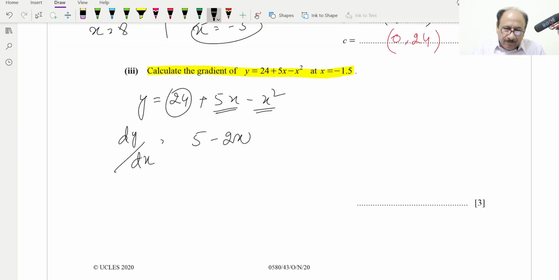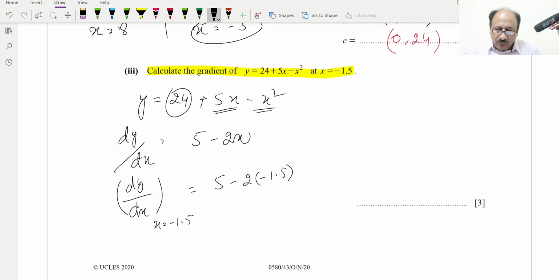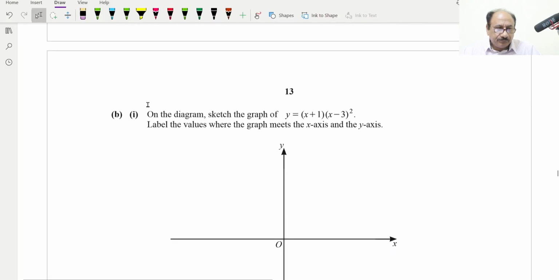Hopefully you are understanding. And then we will find dy over dx at x is equal to minus 1.5, and we will replace it in this. So minus 2 times minus 1.5 will be plus 3, so 5 plus 3 will be 8. You can do this calculation by calculator also, so this will be equal to 8.